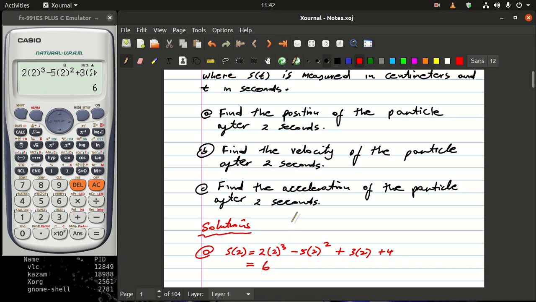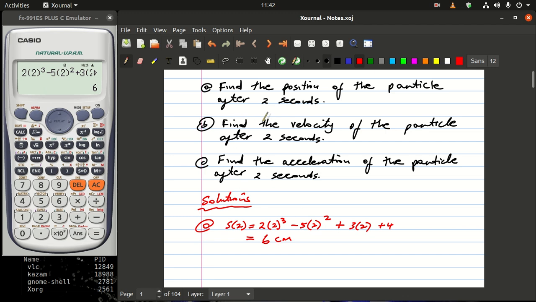And the units were given to us as centimeters, so this is 6 centimeters. So the particle will have moved by 6 centimeters after 2 seconds.